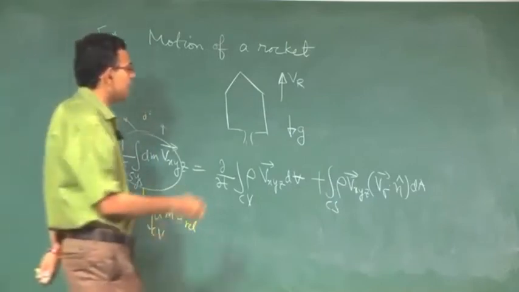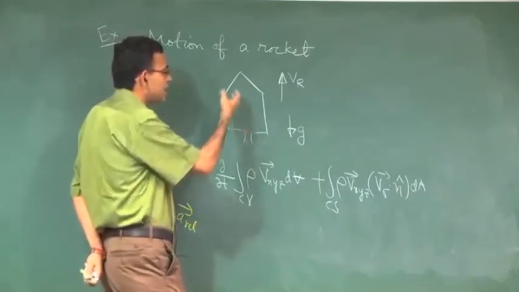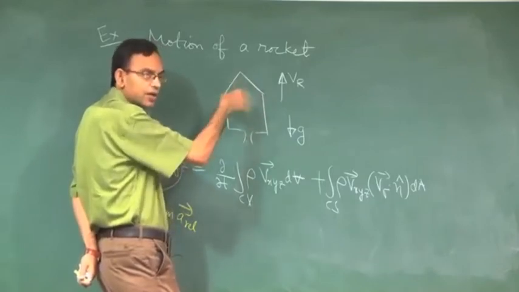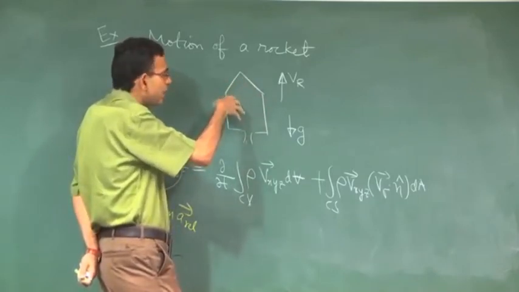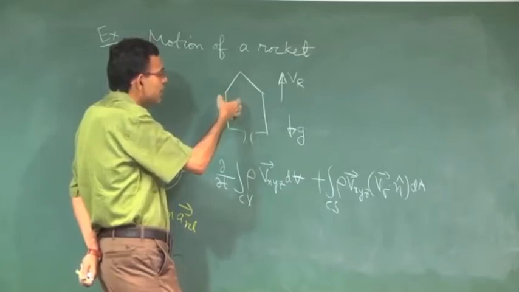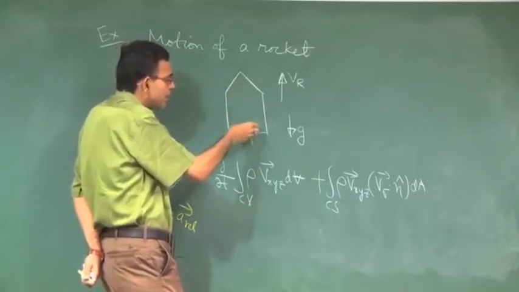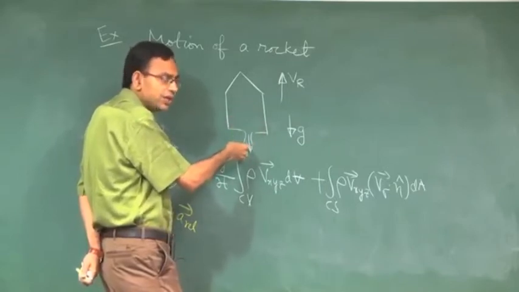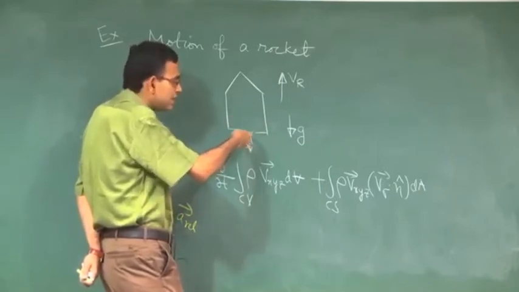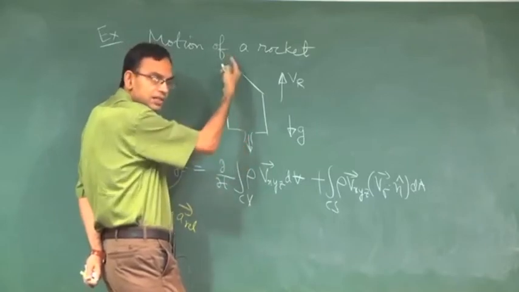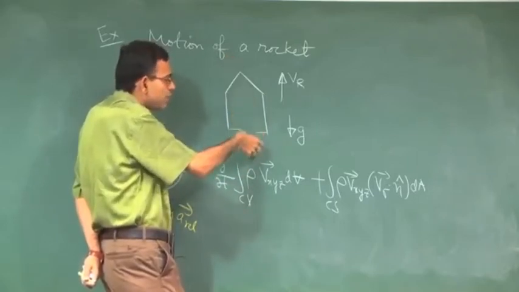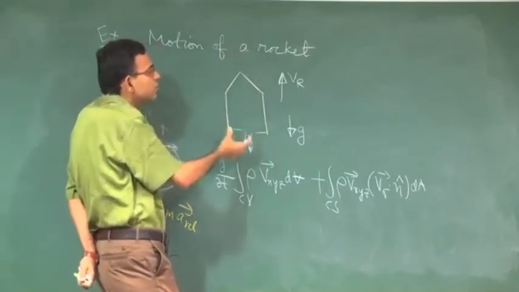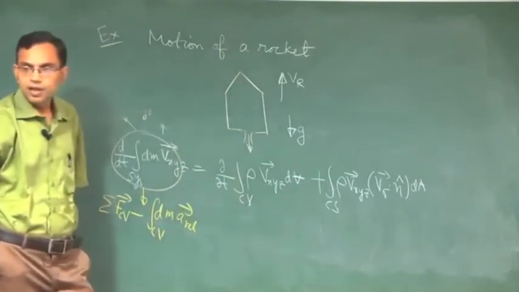The rocket has its own basic structure, plus it is carrying some fuel. When there is combustion, the products of combustion come out with very high velocity, and that will give an upthrust, which is essentially a momentum flux coming out, and that will take the rocket to a higher level.